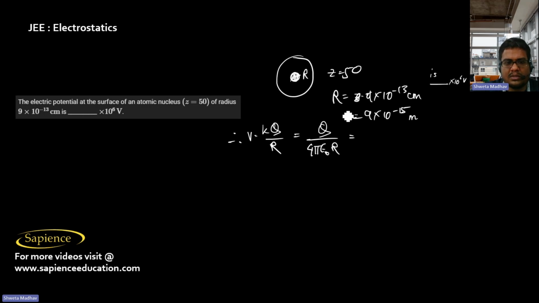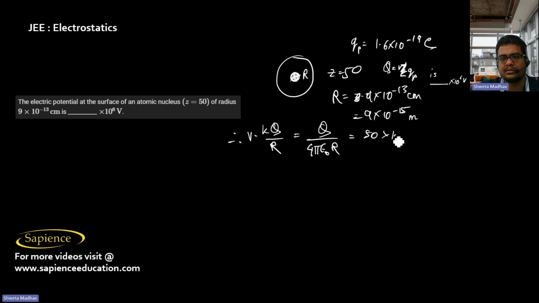So Q, that is the net charge, that is the charge of the protons. 50 protons are there, so 50 into the charge of one proton, that is 1.6 into 10 power minus 19 coulomb. Q is equal to N times, in Z times e.